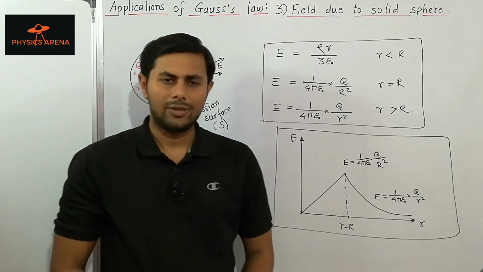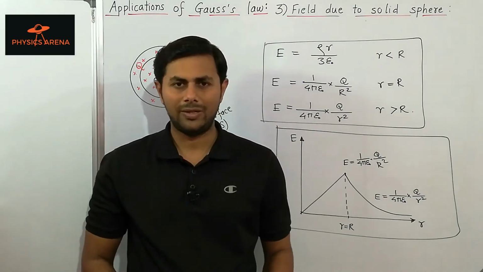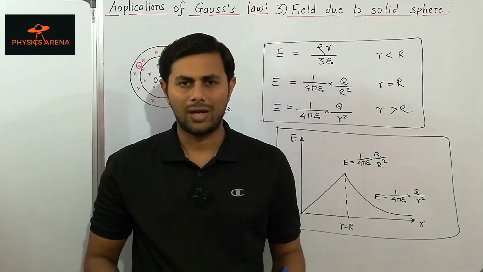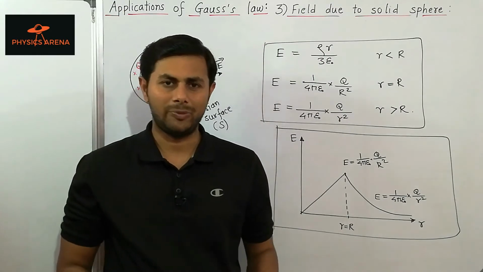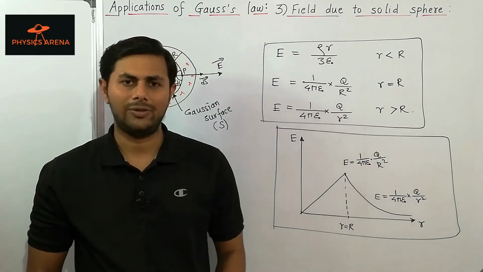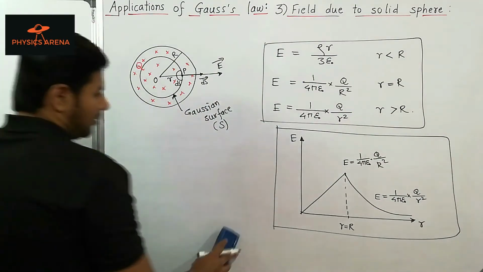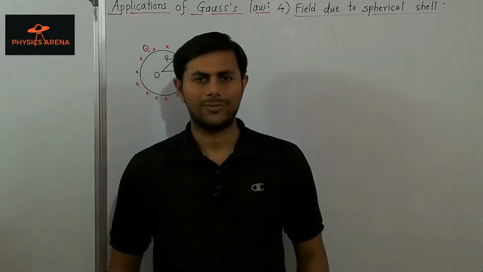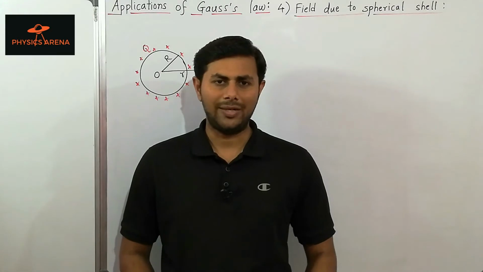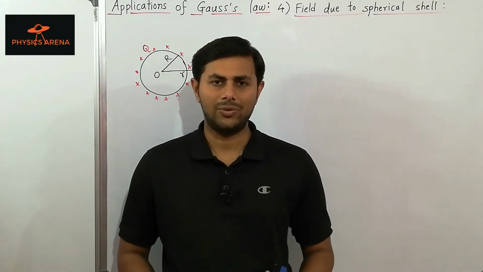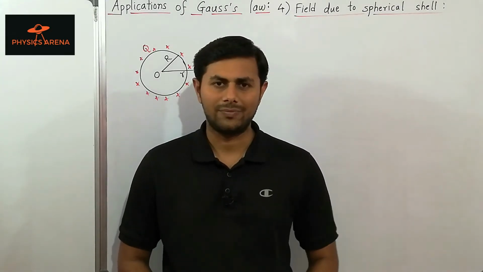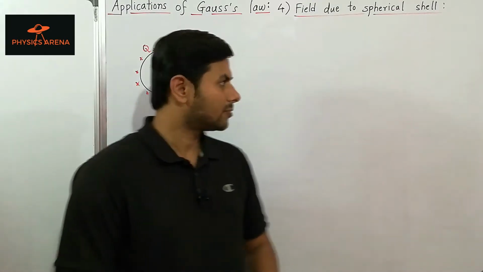Okay, so we found the electric field due to solid sphere. Now let's move on to the hollow sphere. Let's try to find out its electric field. Alright, now let us try to find out the electric field due to a charged spherical shell or a hollow sphere.